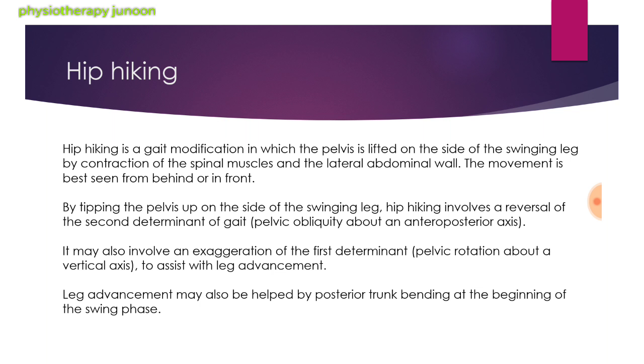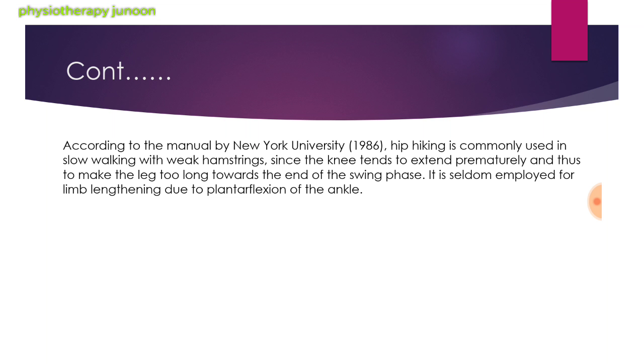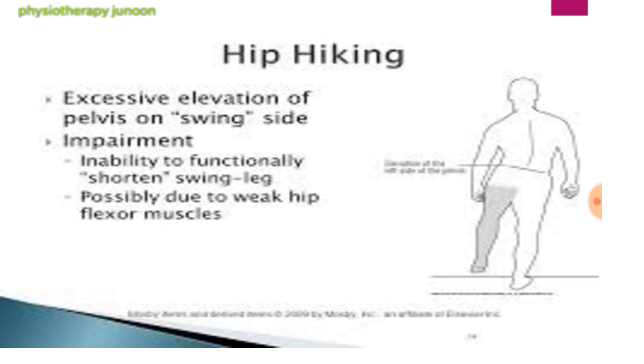It is seldom employed for limb lengthening due to plantar flexion of the ankle. In hip hiking gait, we see excessive elevation of the pelvis on the swinging side. The impairment is inability to functionally shorten the swing leg, possibly due to weak hip flexor muscles.